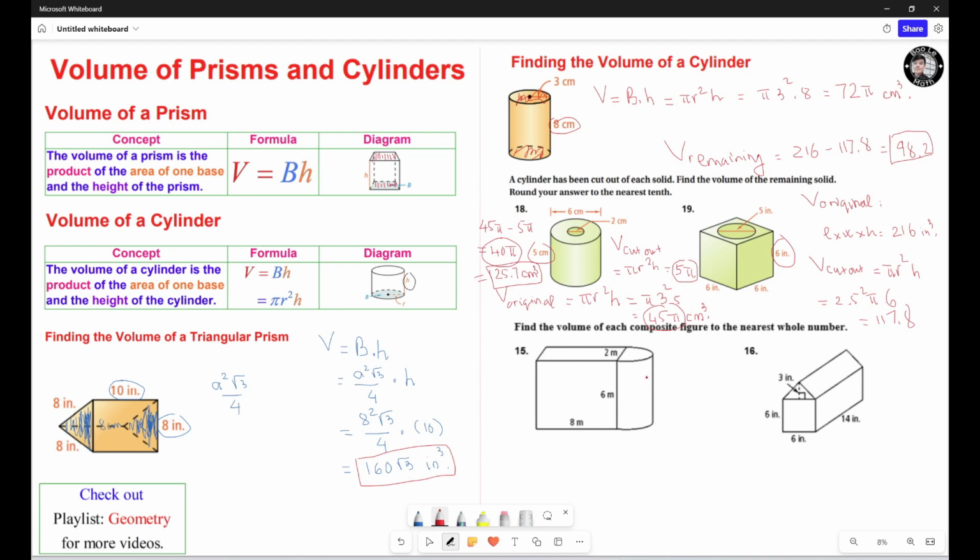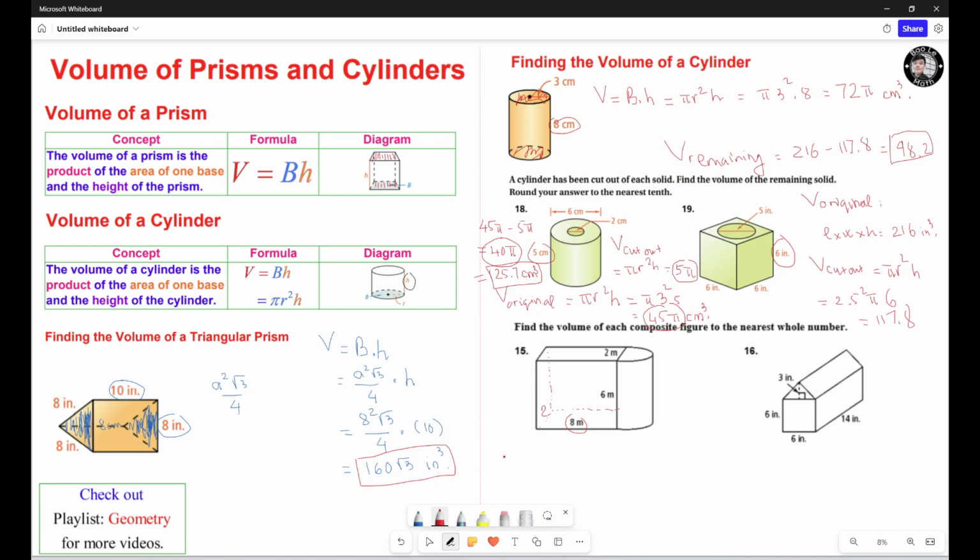This is a composite figure. So you need to break it down. The first one should be a rectangular prism. The second one should be half of a cylinder. If you try it, you will see that this is a rectangular prism. You have the base right here. This is 2, this must be 2.